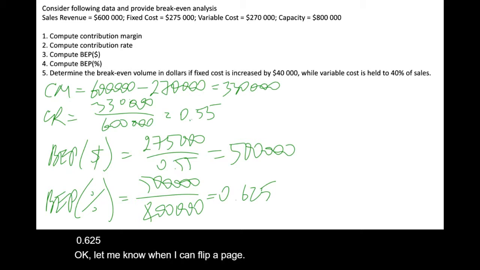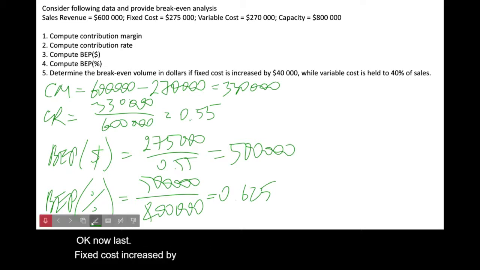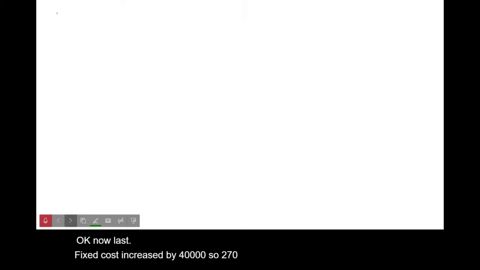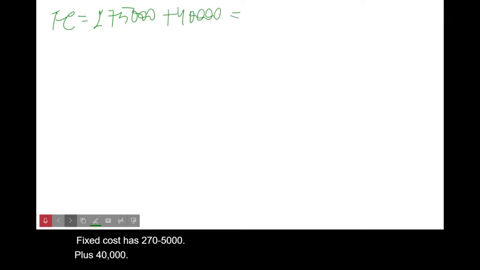Okay, now last: fixed cost increased by 40,000, so fixed cost is 275,000 plus 40,000. So 275 plus 40, 315.